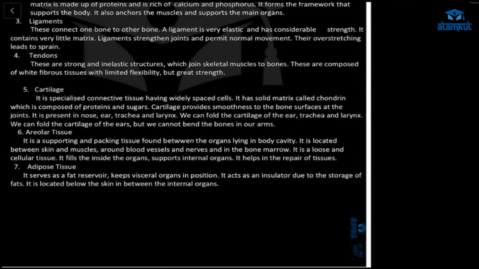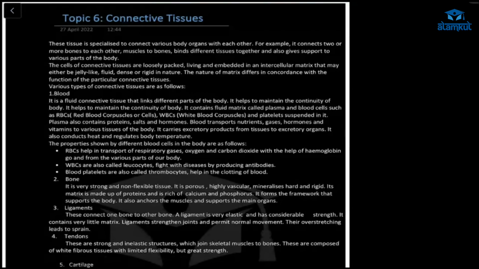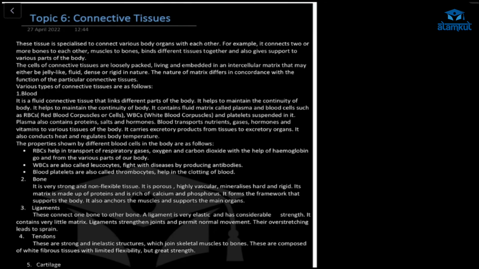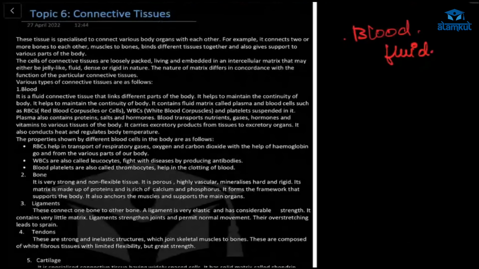Next, we have the connective tissues. This tissue helps the body organs connect with each other. There are many types of connective tissues. First one is blood, and blood is a fluid connective tissue. What does it contain? RBCs and WBCs.